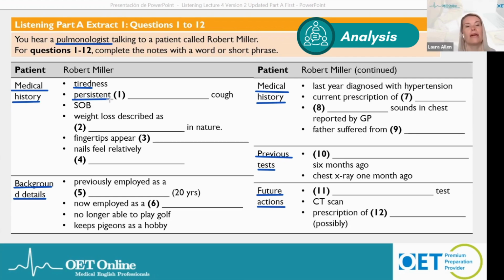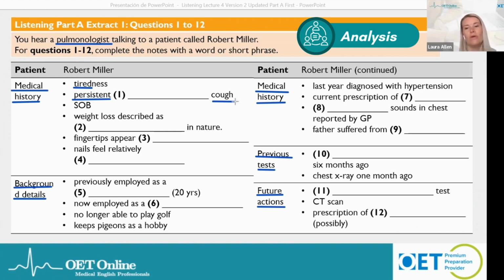Exactly. Okay. Now we're going to predict, as you guys are saying there. So it's an adjective, isn't it? And you guys are saying, okay, it's most likely dry, wet, productive. I think those are the three words that I got from you guys there. And I think those are pretty good predictions, right? Those are very common adjectives that go with cough. So you think about those, right? Because in the exam, 30 seconds, you're not going to have time to write down your predictions, but it can be enough just to think about them.